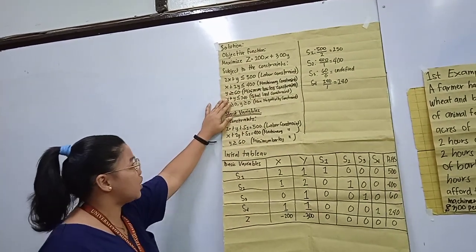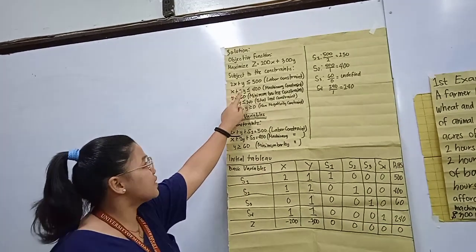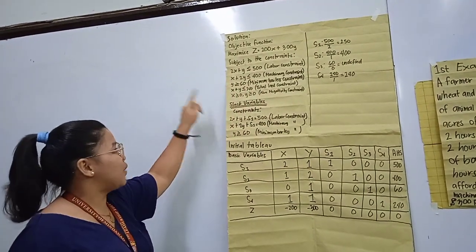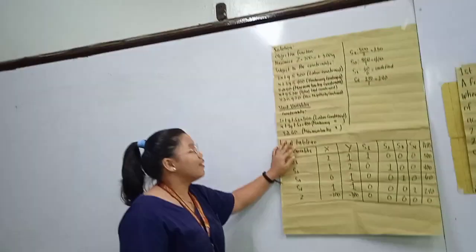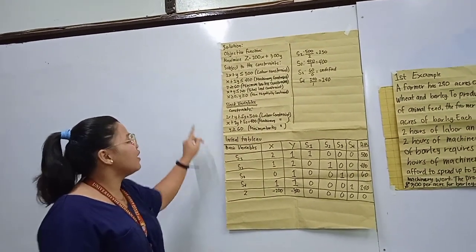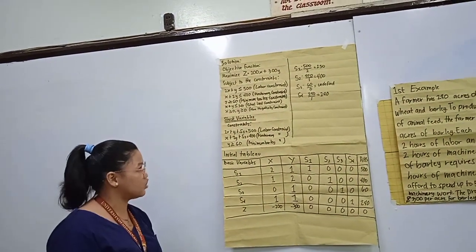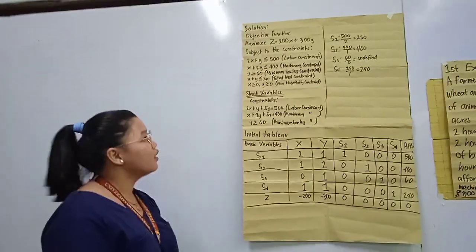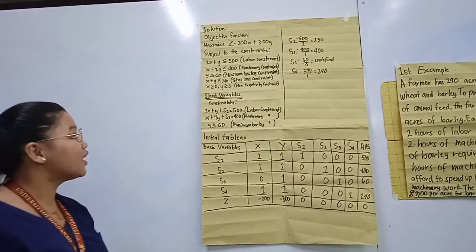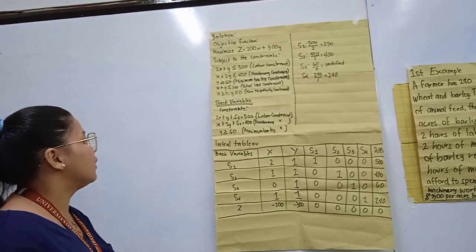Subject to the constraints: 2X plus Y less than or equal to 500, the labor constraint. X plus 2Y less than or equal to 400, the machinery constraint. Y greater than or equal to 60, the minimum barley constraint. X plus Y less than or equal to 240, the total land constraint.